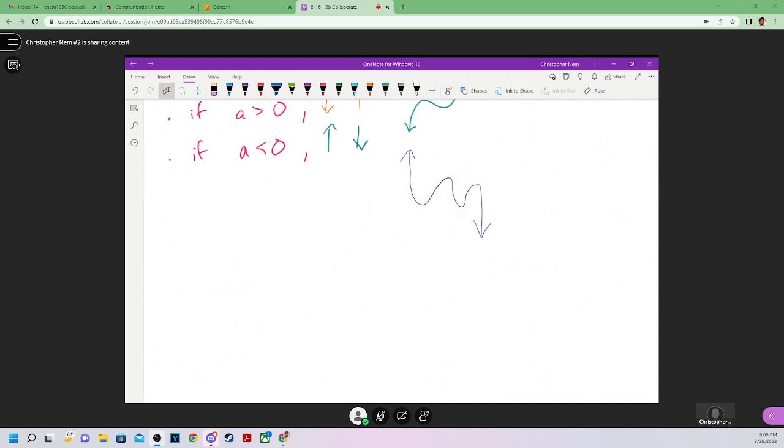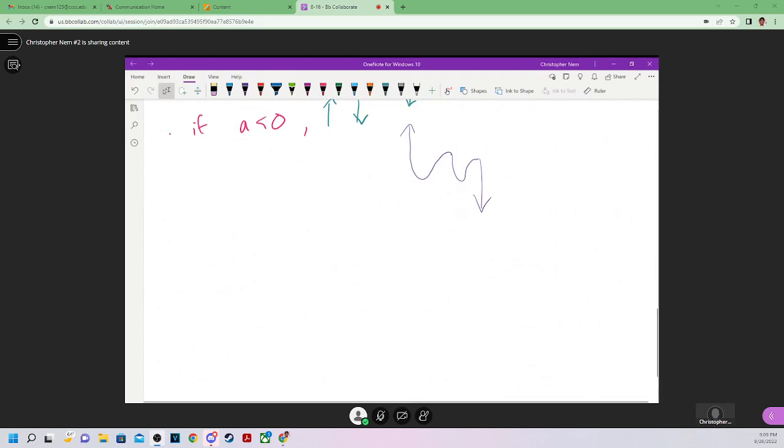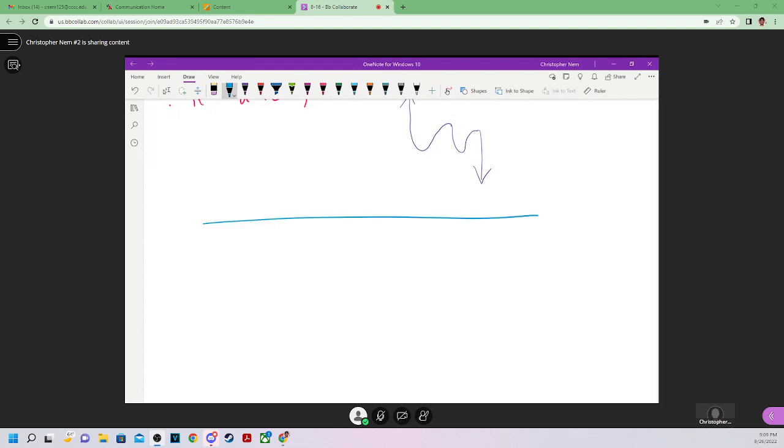Now, we need to talk about, hey, what happens in the middle? What happens in the middle? Well, this is where we're going to talk about some properties. In particular, this is going to be the middle of the polynomial. I'm going to call this everything else in polynomials.